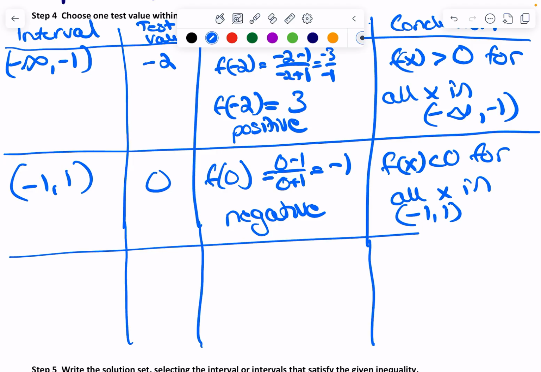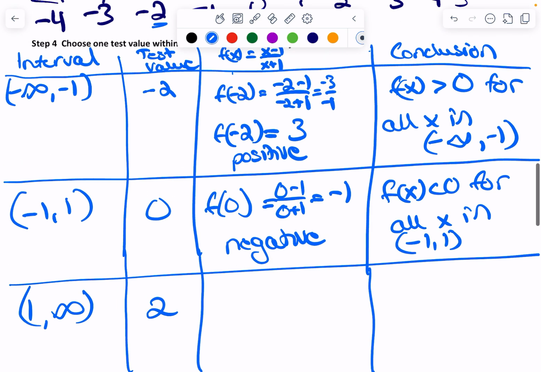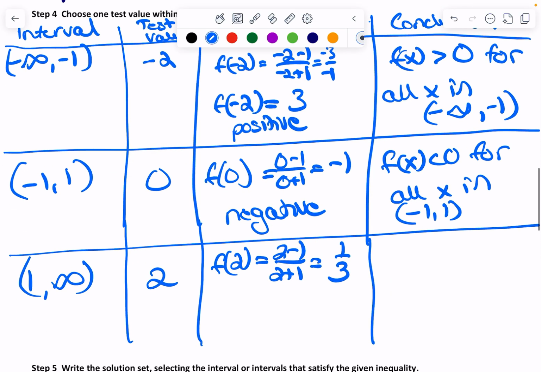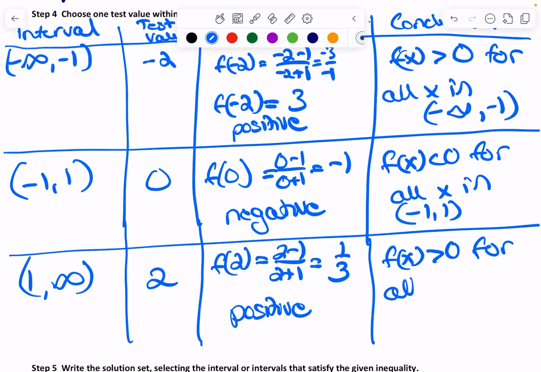Our third interval is 1 to infinity. The test value is going to be 2. So f of 2 is 2 minus 1 over 2 plus 1, which is 1/3. That is a positive. f of x is greater than 0 for all x in 1 to infinity.